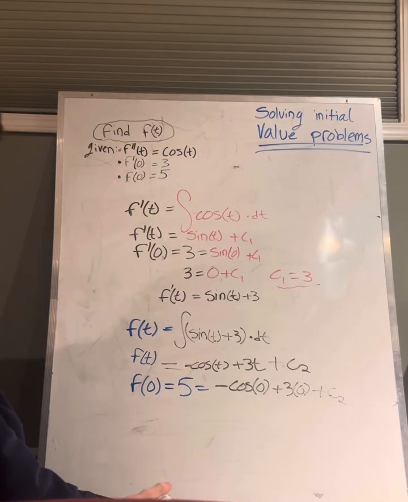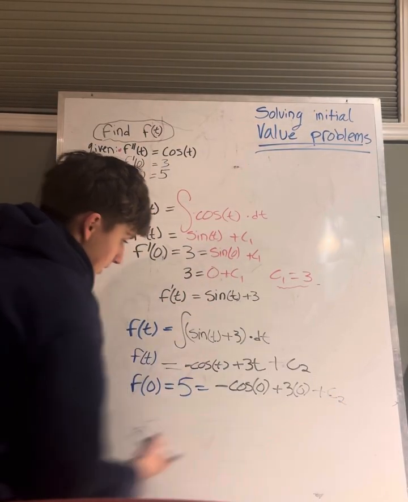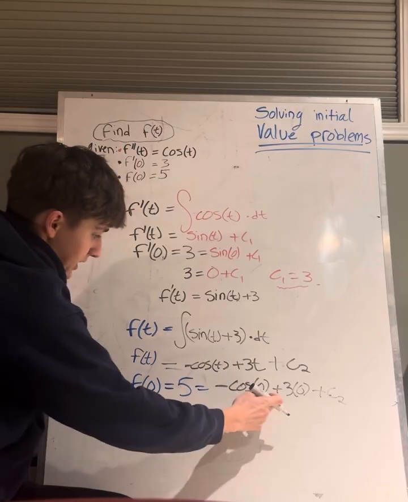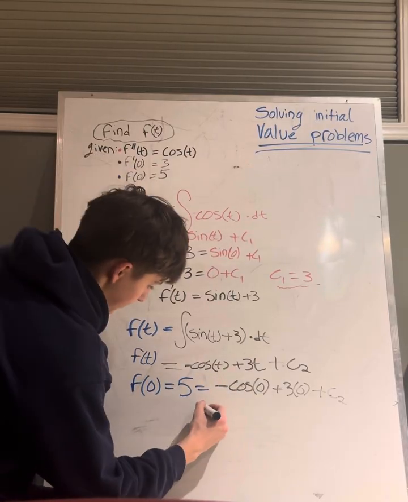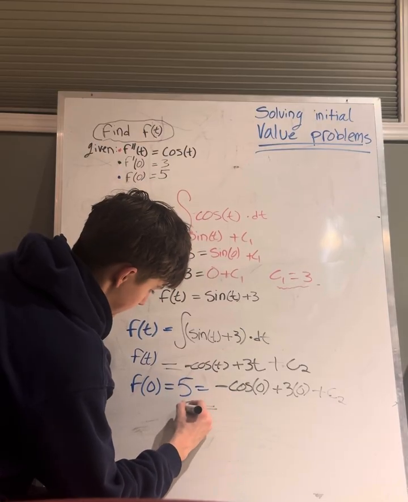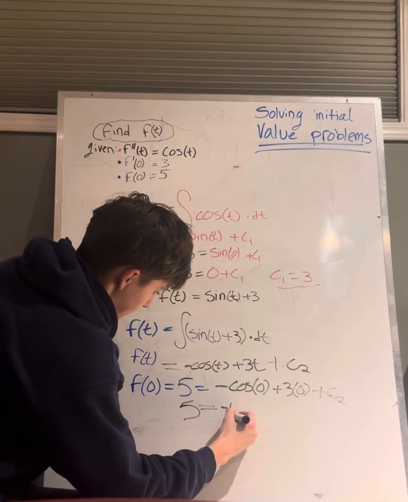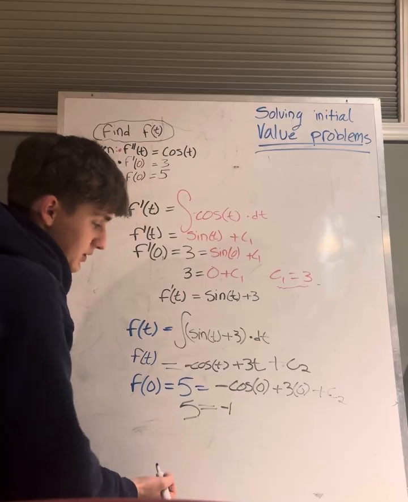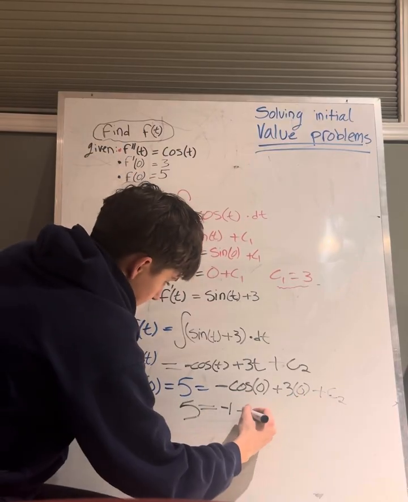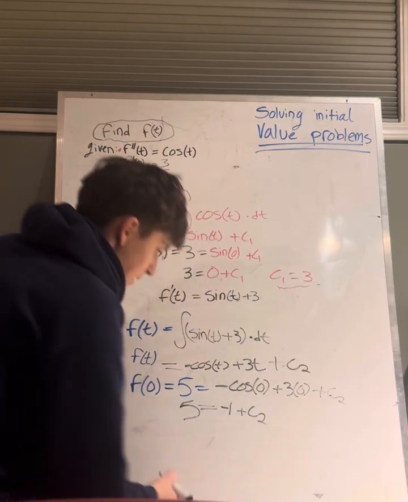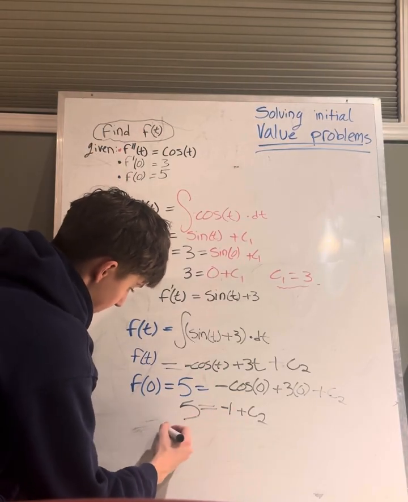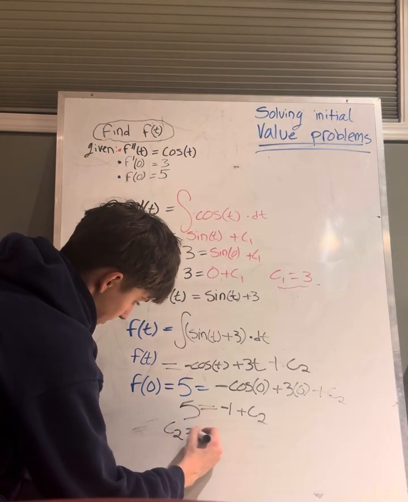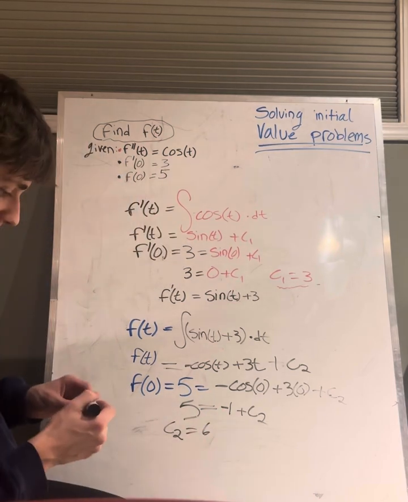Right? So now let's work through this and simplify it. We know that cosine of 0 is simply 1, so negative of cosine of 0 is going to be negative 1. So 5 is equal to negative 1 plus 3 times 0, which is 0, plus c2. And now we simply solve for c2. It's very obvious that if we move this over here, c2 is equal to 6.